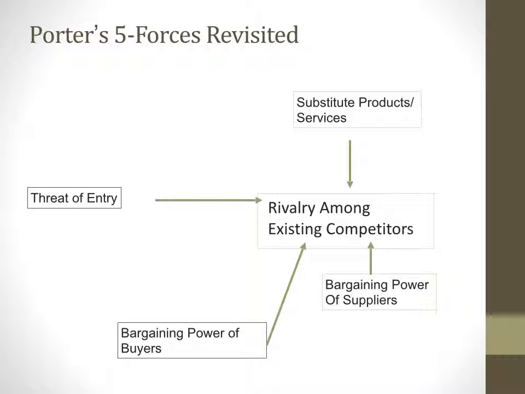Now, the book talked about Porter's five forces, and that's a concept that you should be familiar with through your management classes. And on your first page, there's a video to watch where they interview Porter. But long story short, the internet has been an extremely disruptive force between industries and has changed the dynamics within those industries in a number of different ways.